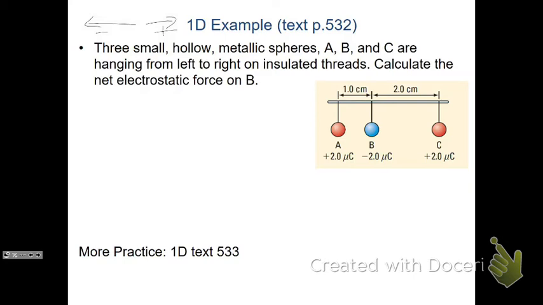So here we are calculating the net force on B. F net B is equal to the force of C on B plus the force of A on B. Then you do your Coulomb's law for A and C. Yeah, you got it.